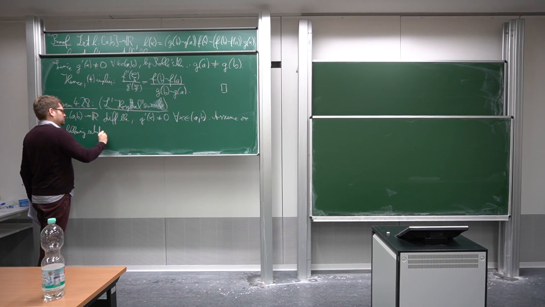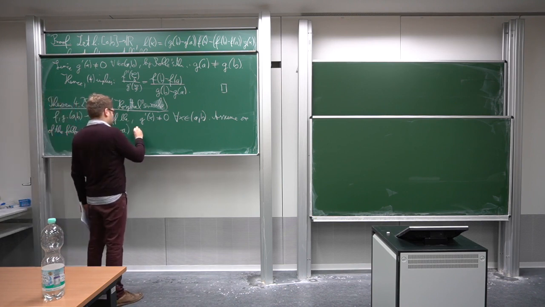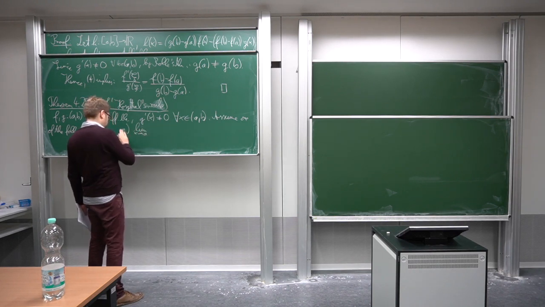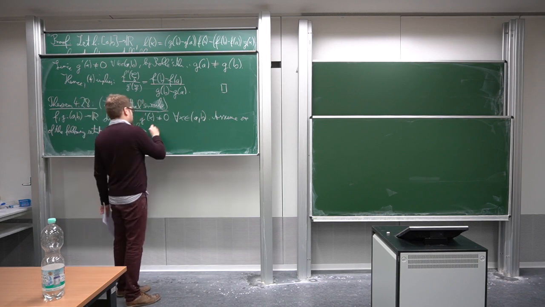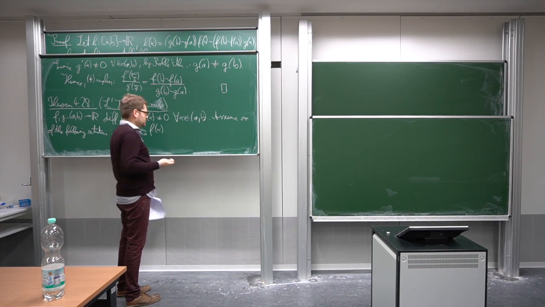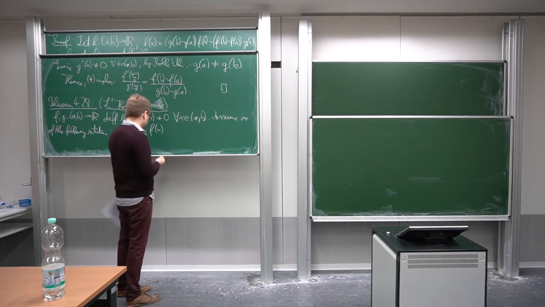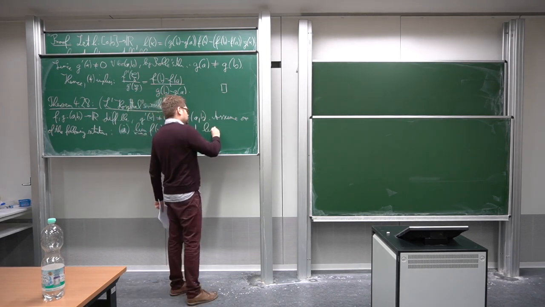Situations. First, both are going to 0. We assume the limit for x going to a. Let's call this case 1 and case 2. In case 1, both are going to 0, so the limit of the quotient would be 0 by 0, and this is something we don't know.